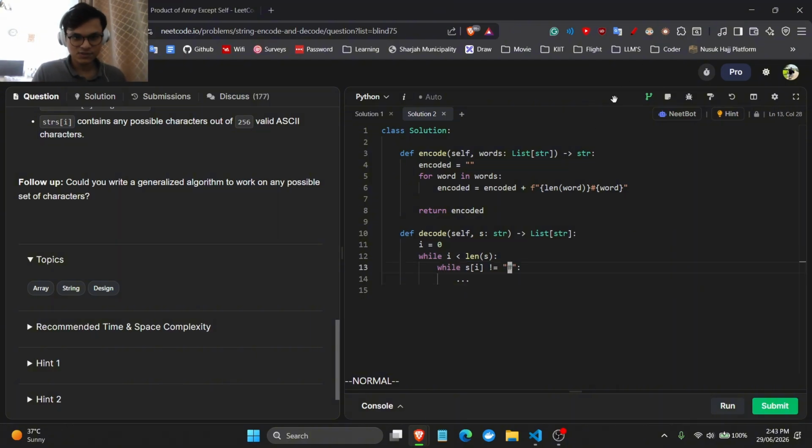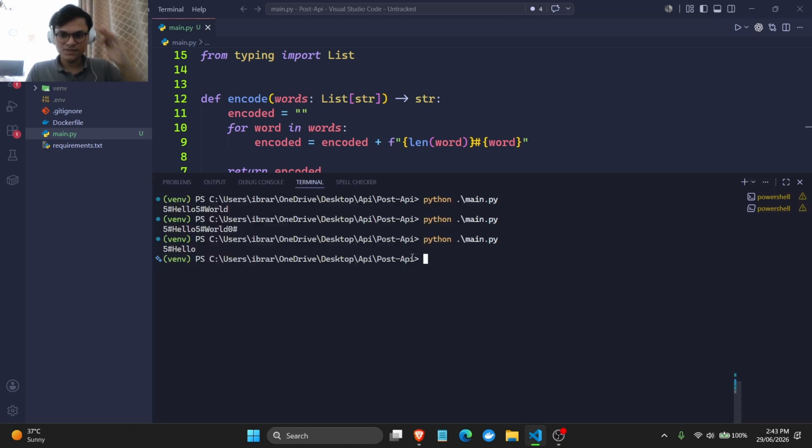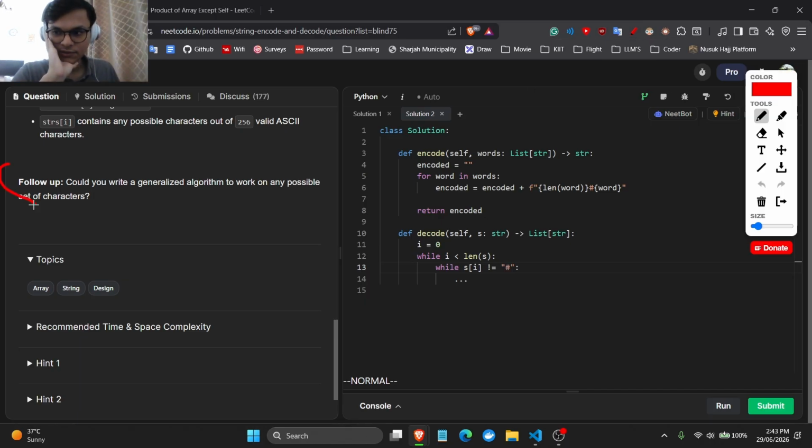Let us make it work for the simplest case, which is, let's just take the world example. After this we'll build on top of it. We'll say 5, so while iterating over 5 pound hello, it will come over here.